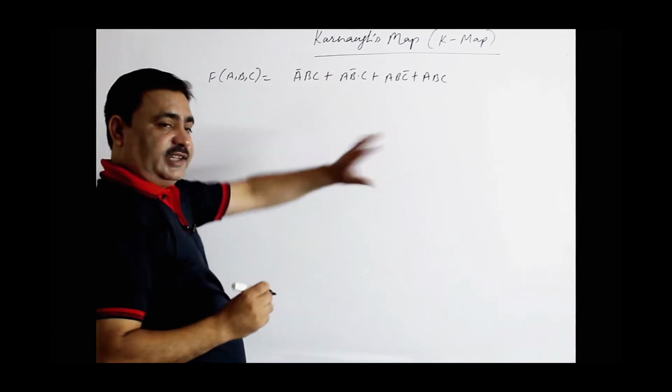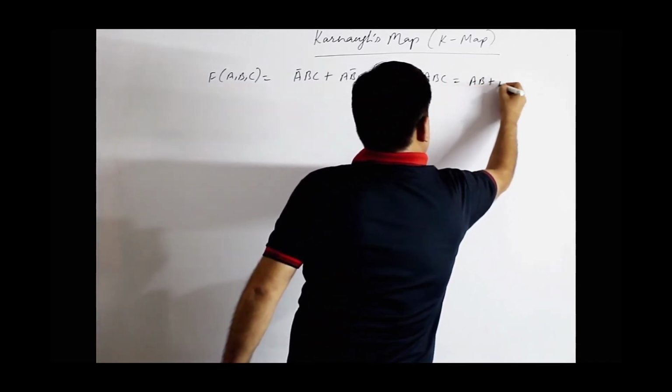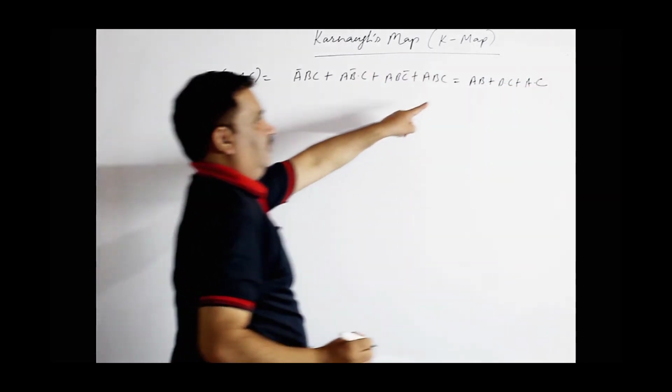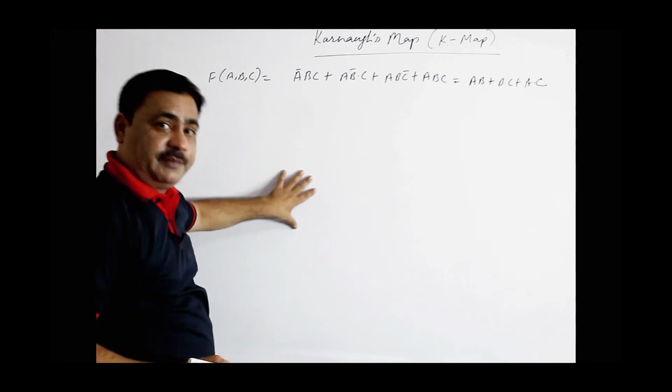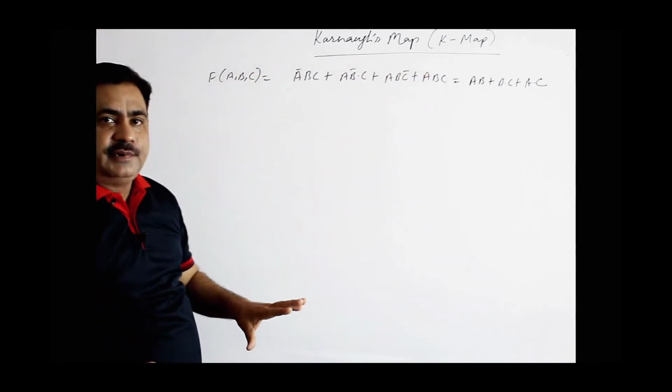When you reduce it algebraically, it will give AB plus BC plus AC, the reduced term. But the same expression we have to solve using K map.